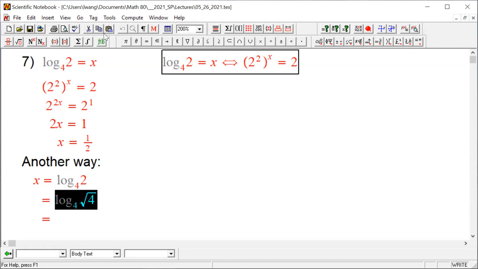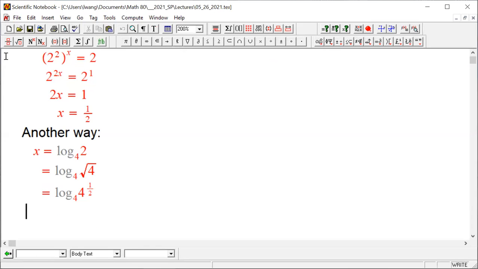And log base 4 of root 4 can also be written as 4 raised to the power of half. And therefore, it equals half.